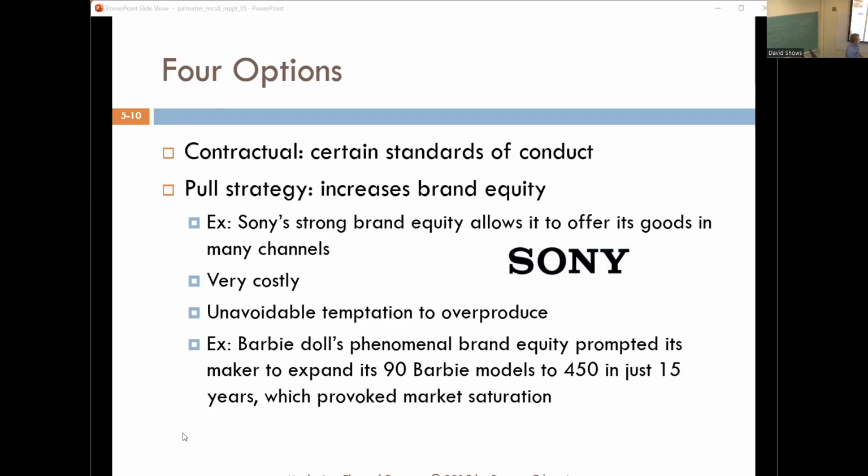An example of that is Sony's brand equity. Sony's brand, even though it's been tarnished lately, is so strong that it can sell through any channel whatsoever. And it's kind of unique, especially when you have brands that are so strong that they're advertised by stores that are not even authorized dealers.